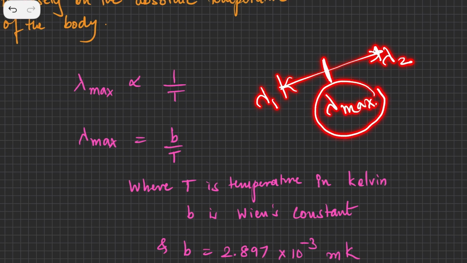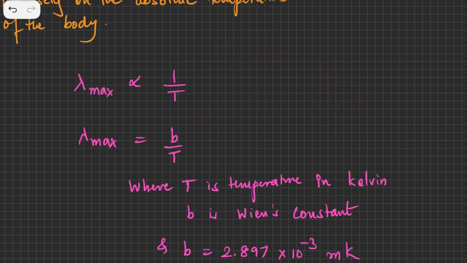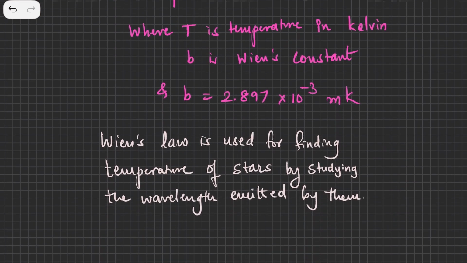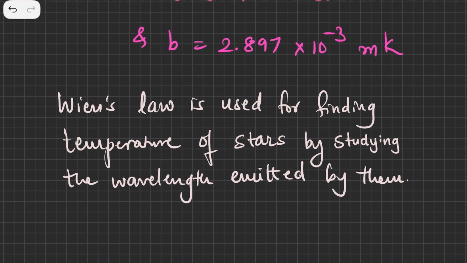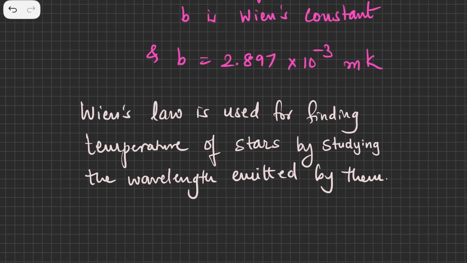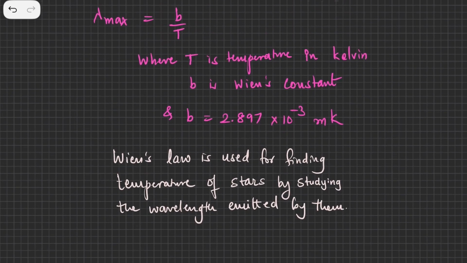So if I have lambda max, I can put it over here, and B is a constant which we know. So we can easily find T equals B upon lambda max. So finding lambda max and B can give me the temperature of that star, of that body. So Wien's displacement law is used to find the temperature of a star by studying the wavelength emitted by it. Okay, so this is all about Wien's displacement law.